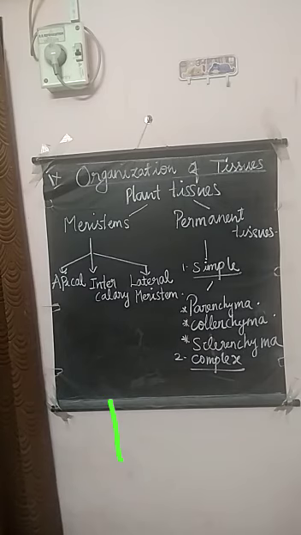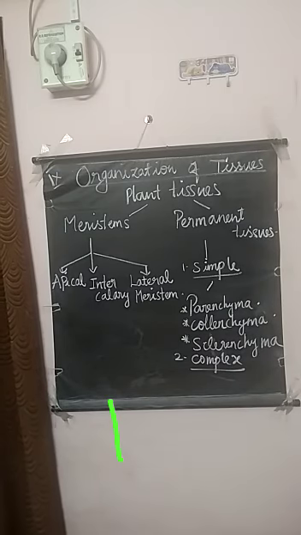Where there is cell division, it is said to be meristem. Meristematic tissues are groups of immature cells that are capable of undergoing cell division.